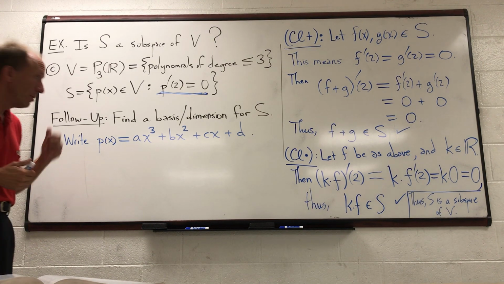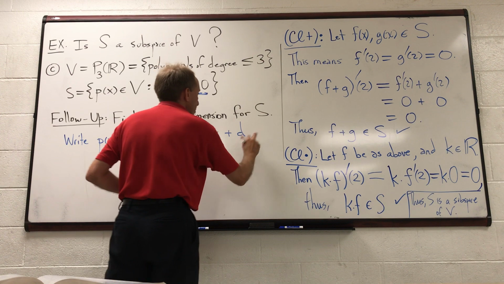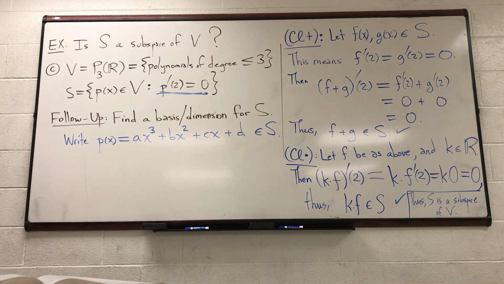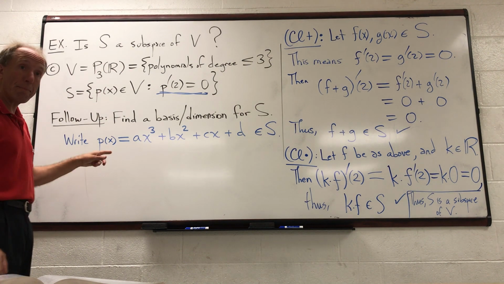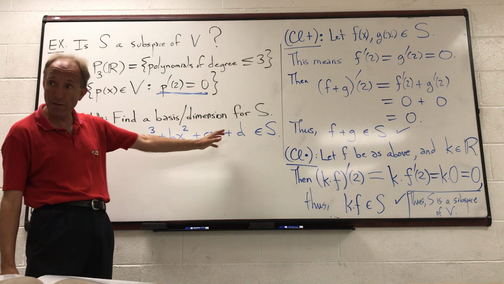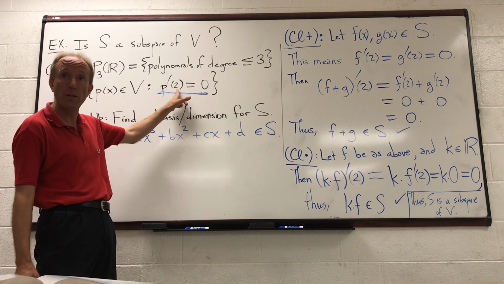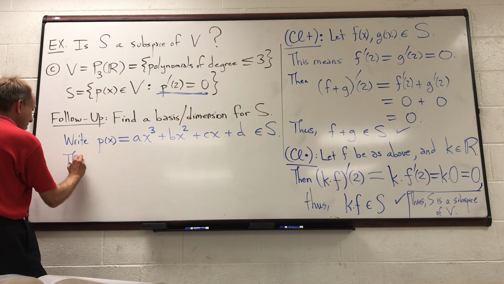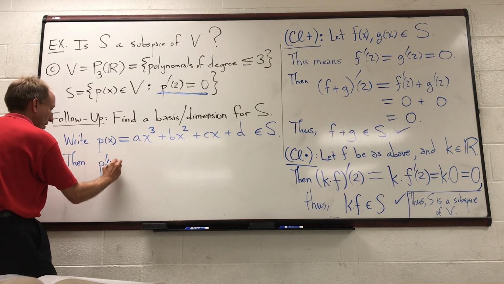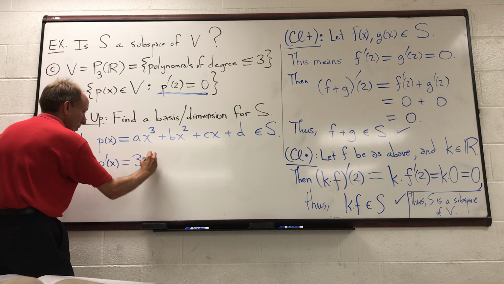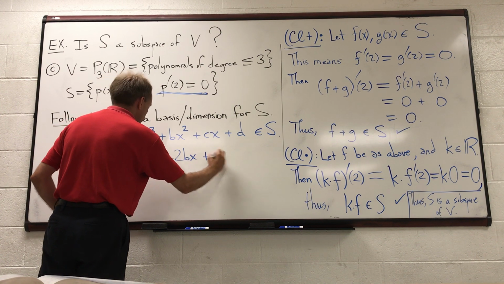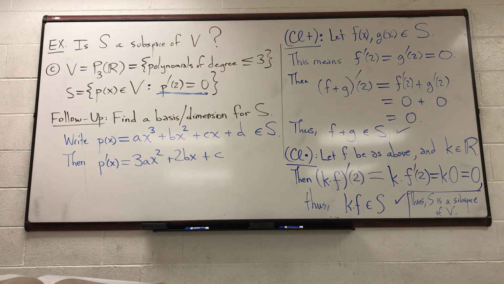Now what I know is that this is supposed to be an element of S. So this is a polynomial that is in S. What that means is that if I take the derivative of this and then plug in 2, I'm supposed to get 0. So let's just do that. So then if I take the derivative, p prime of x, okay, everybody just has to do their calculus power rule here, right? You get 3ax squared plus 2bx plus c.